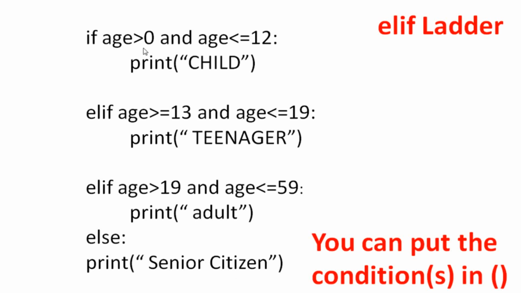So here I'm testing if age is greater than 0 and less than or equal to 12, it is child. From 13 to 19 it is teenager. From 20 to 59 it is adult. Otherwise they are all senior citizens.